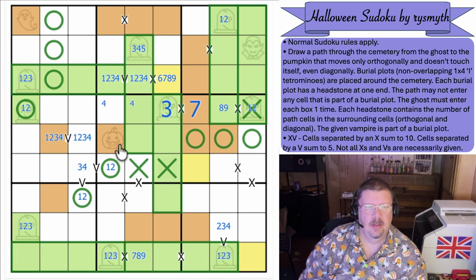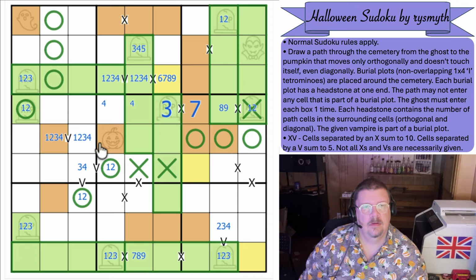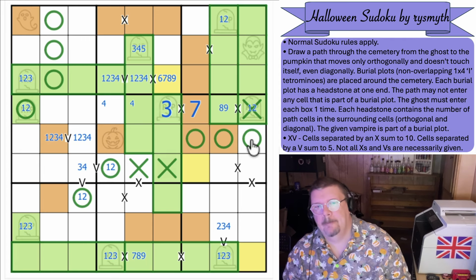And we end there. Because if that's path, then that's a 2, that's a 1, and then that has to be a corner. And that's going to be problematic. Okay, yes.